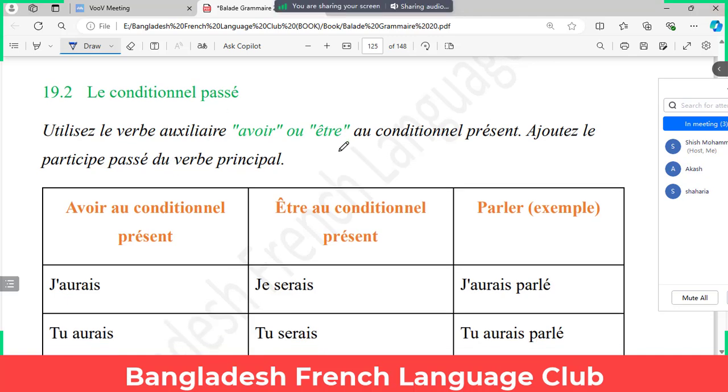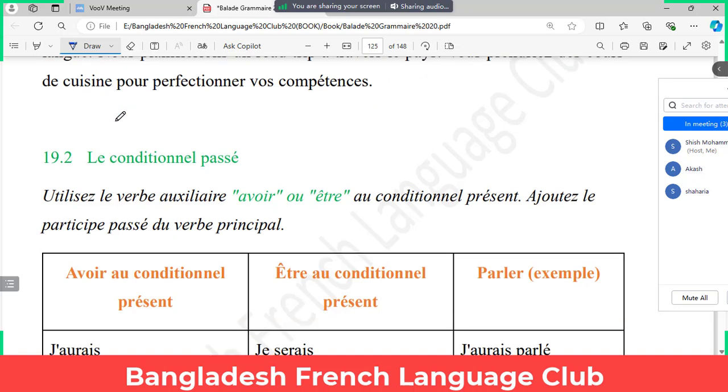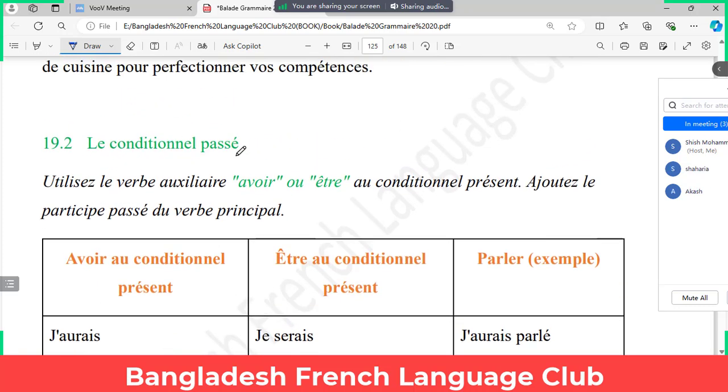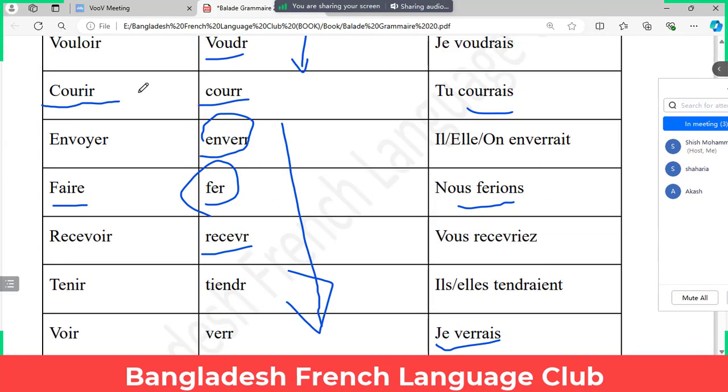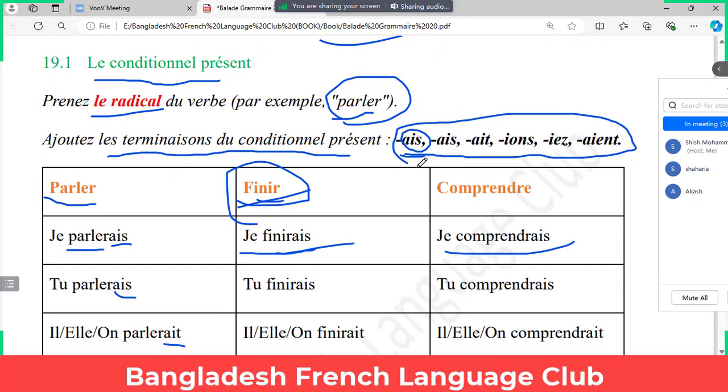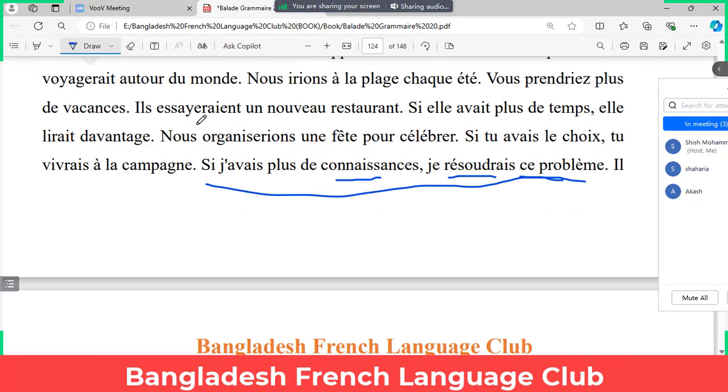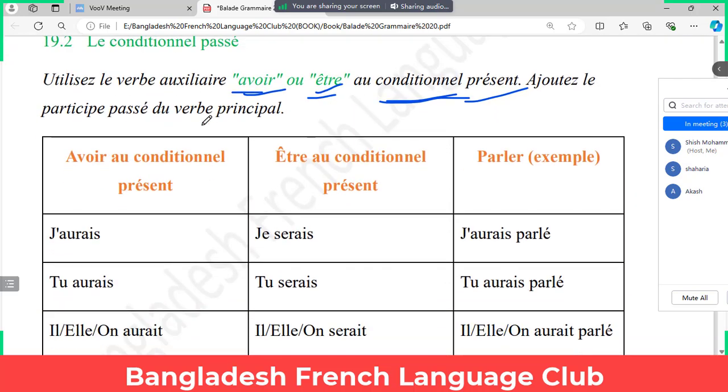Okay, let's move forward. Now we have le conditionnel passé. We just learned the present conditional, so now the past conditional. In the past conditional we need to use the auxiliary verb, like avoir and être, in the conditionnel présent, and add the past participle of the main verb.